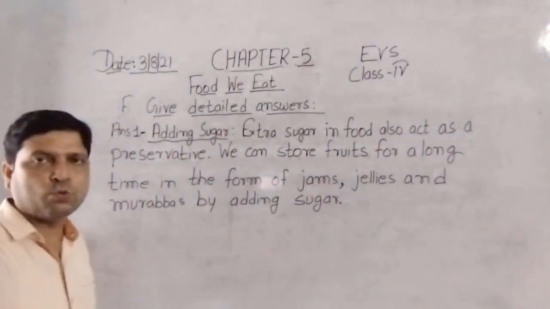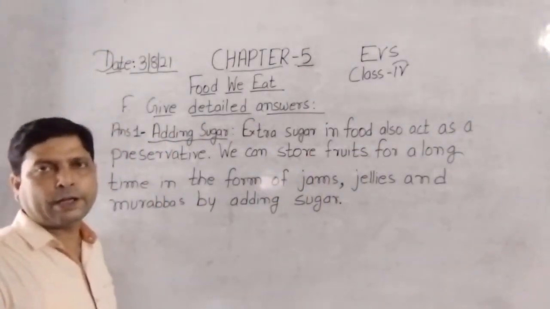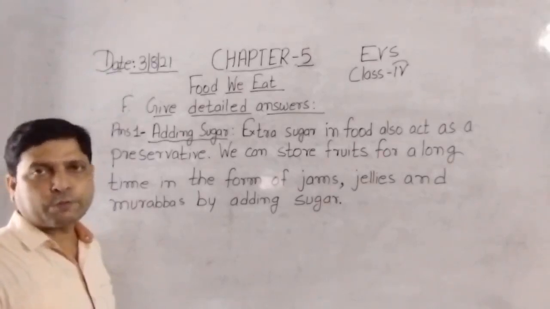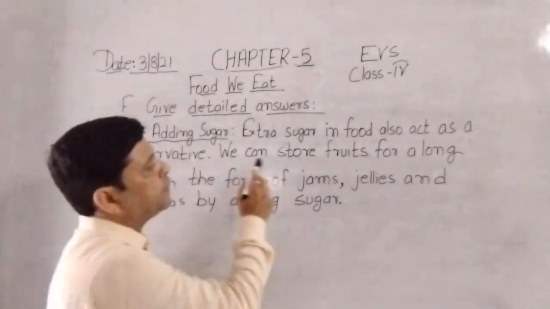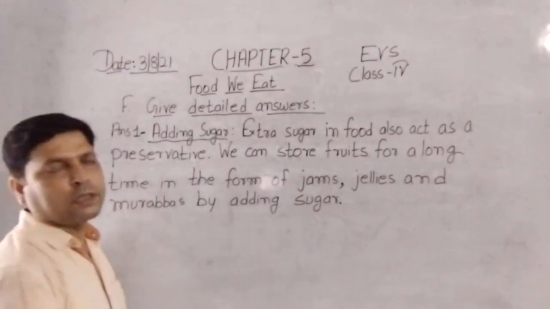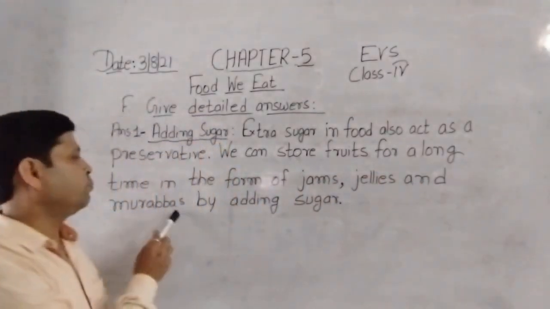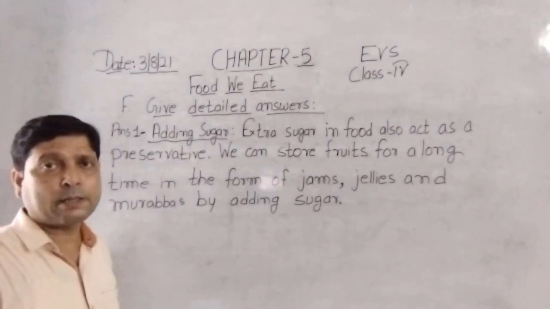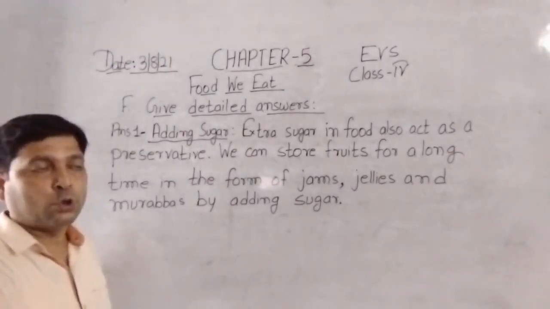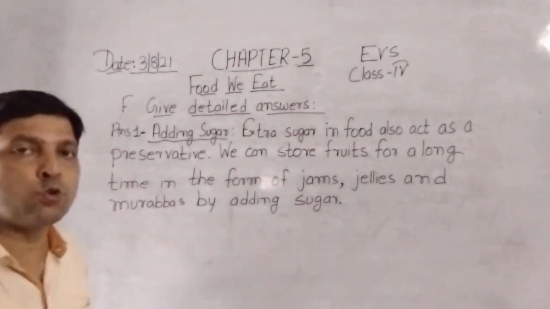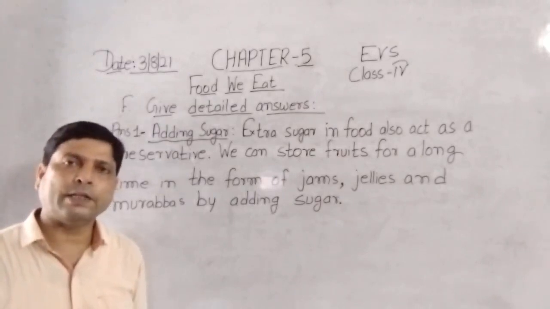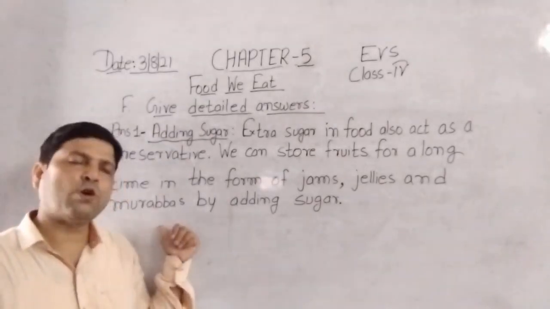In this manner also you can store the food for a long time. In this manner also you can store the fruits for a long time, and after that we can store fruits for a long time in the form of jams, jellies and मुरब्बास by adding sugar. मुरब्बा बेटा किससे बनता है? जो आंवला होता है, ठीक है, बहुत खट्टा होता है खाना, तो उस आंवले को हम लोग किसमें रखते हैं? शुगर, ठीक है। सो उस आंवले में हम लोग शुगर ऐड करते हैं and that we say as मुरब्बास.